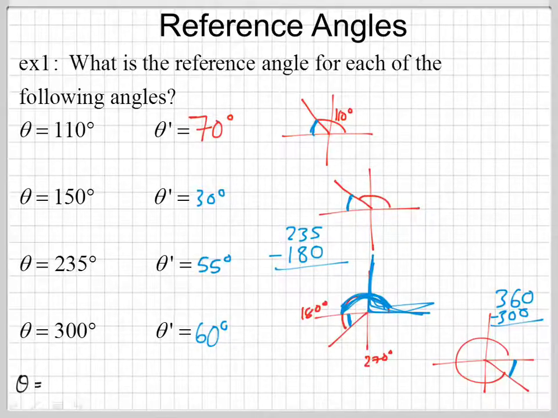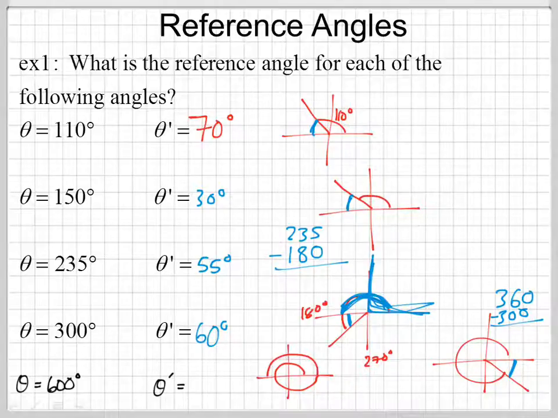So what if theta equaled, I don't know, 600 degrees? Okay, that's going to go around at least once, right? So what's my reference angle going to be? Well, we know that if I go around once, that's going to be 360, right? Now if I go around halfway, what's that going to be? 480? And you guys went 360 plus 180, right?